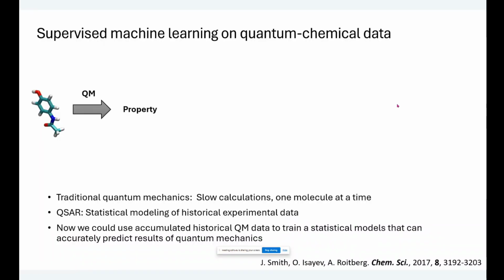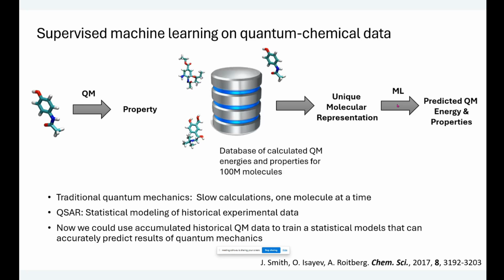So what we actually do in developing ML potentials is take molecules, take some quantum chemical method, calculate properties, and do this for many systems. Out of this huge database that we collected, we train a model that reproduces QM properties.